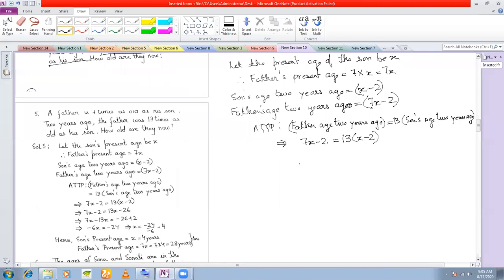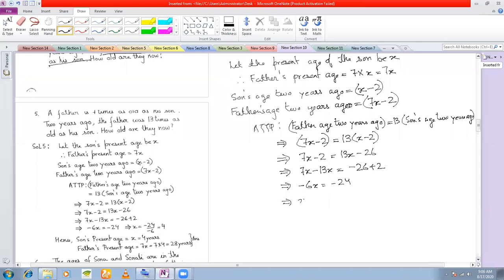We'll solve this equation now. You can put this under brackets also, no problem. First multiply: 7x minus 2 equals 13x minus 26. You take all the x's on one side, 7x minus 13x is equal to minus 26 plus 2. You get minus 6x is equal to minus 24.